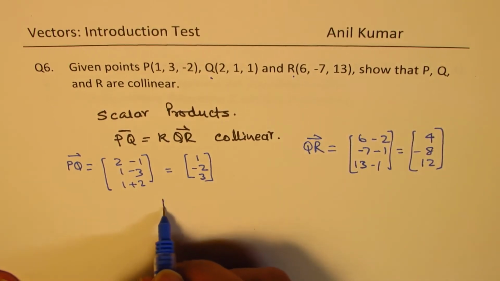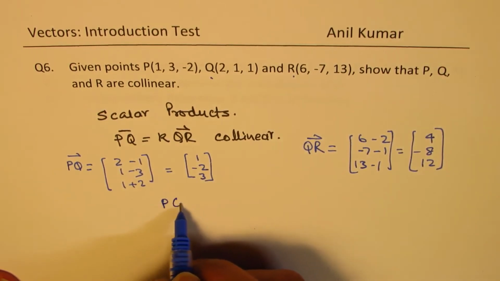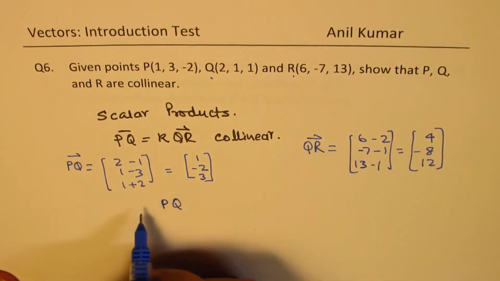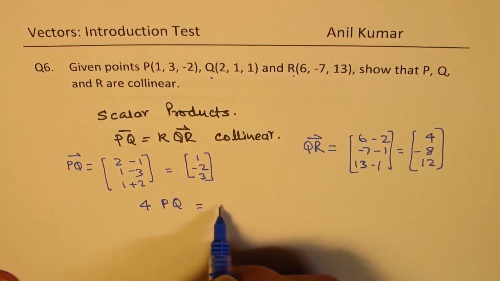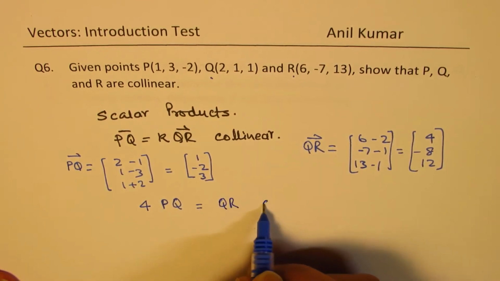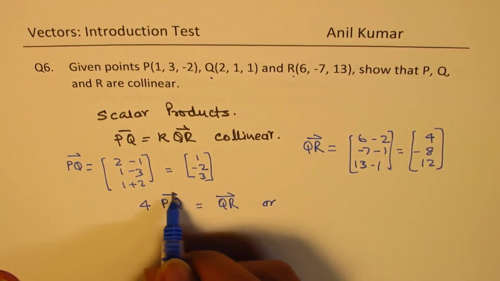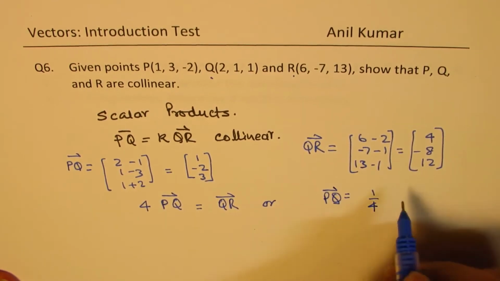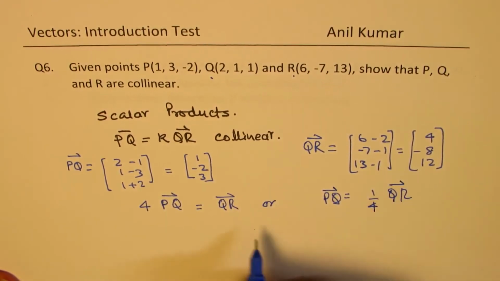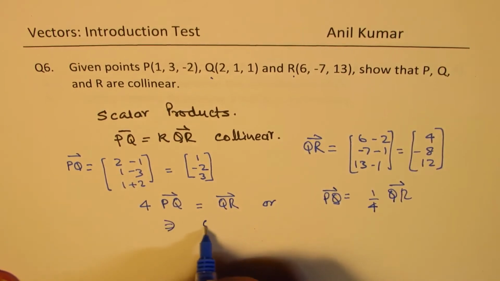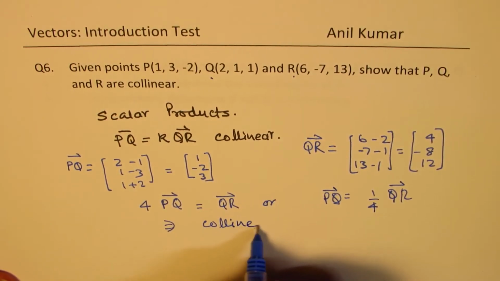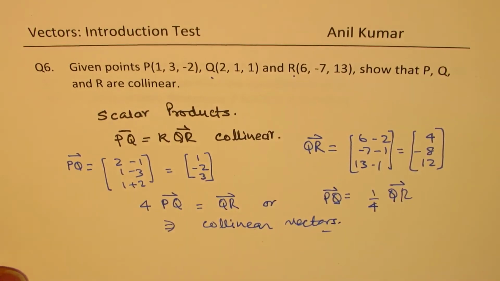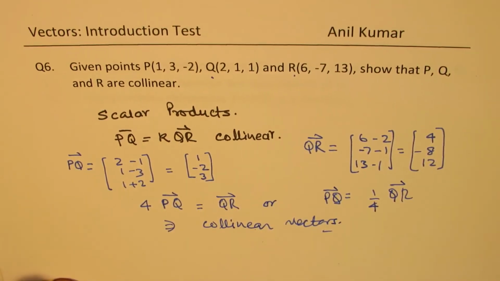So basically, if I multiply PQ by 4, I get QR. So 4 times PQ is QR. Or I could say PQ equals 1/4 of QR. That means they are collinear. Is that clear, right? That is how you're going to prove it.